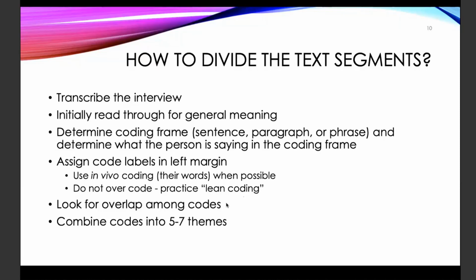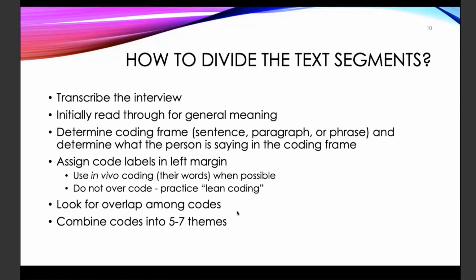Now, after we have the fathers, there are no more overlappings. We look for any similarities or shared characteristics between one code to another, and we combine the codes into the relevant themes that we have. Now, this suggestion is based on what that person says, because we want to take a look into the small or very detailed code names, so that we can take a look at any similarities.